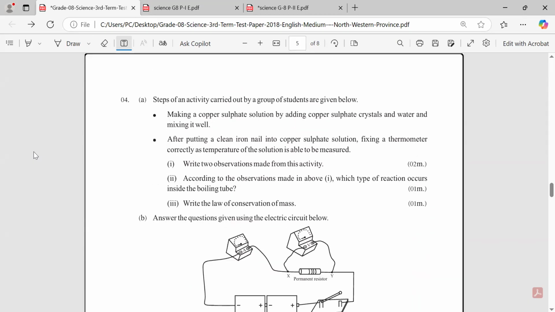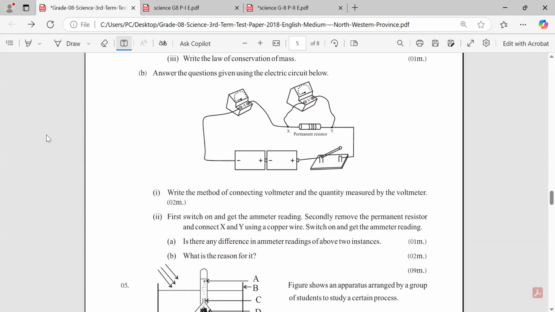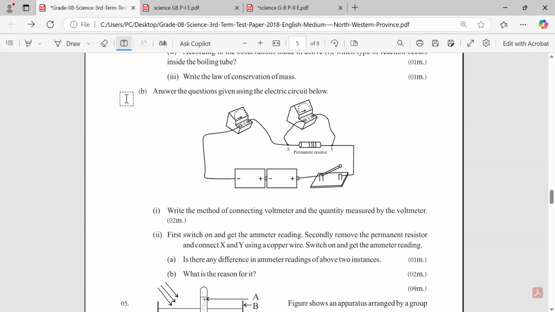Right. Over here, the 4B, right? Just start it, okay? Start this question. See if y'all can understand what they're asking and try to answer whatever you can.